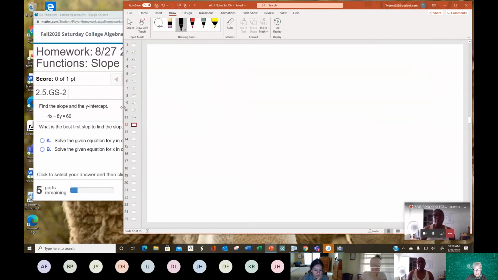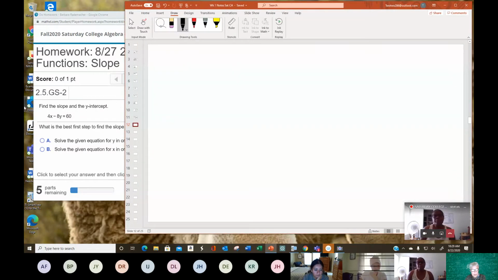Now I could make this like this, but then I wouldn't see what they're doing, but I can right now. Find the slope and the y-intercept of this linear equation. And that's 4x minus 8y equals 60.